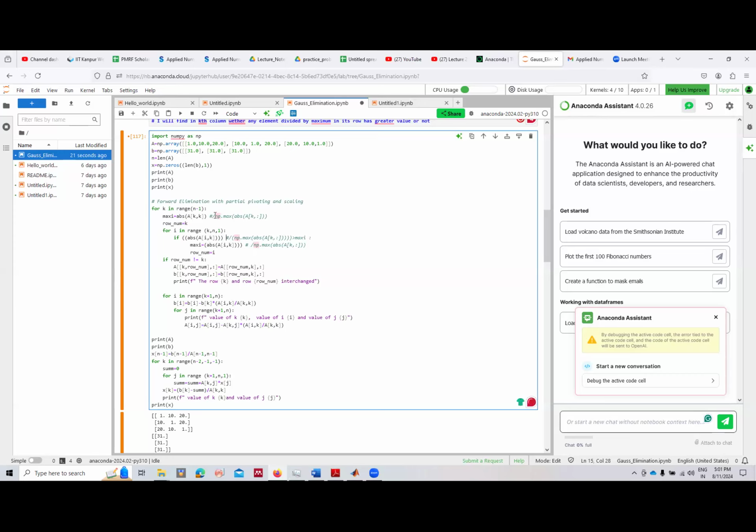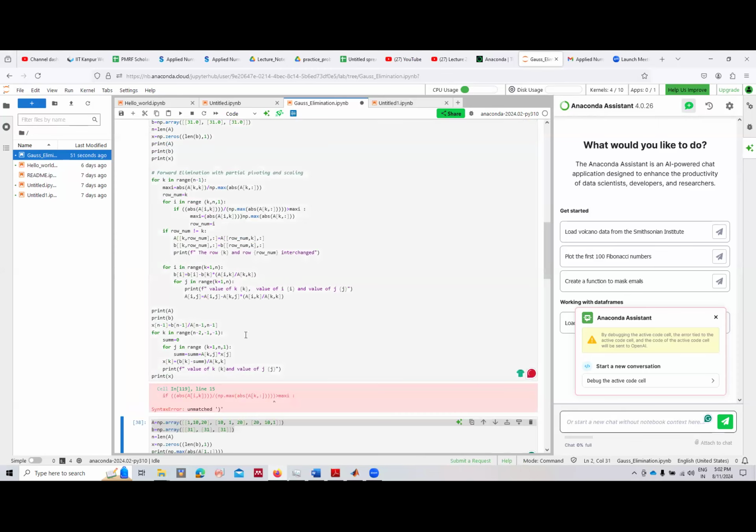If I want to do scaling also, I need to divide with the maximum value in the same row. It is showing some error, so maybe one or two brackets are missing. Okay.